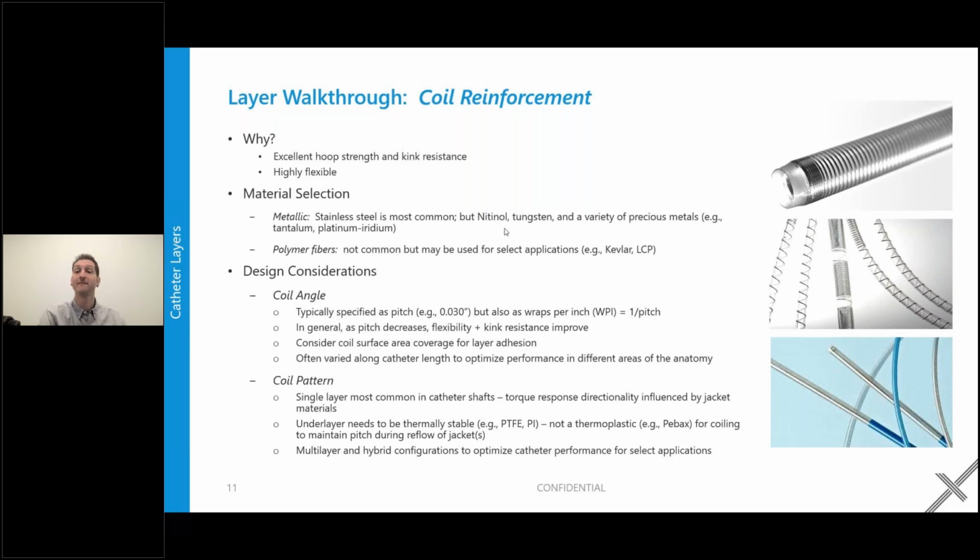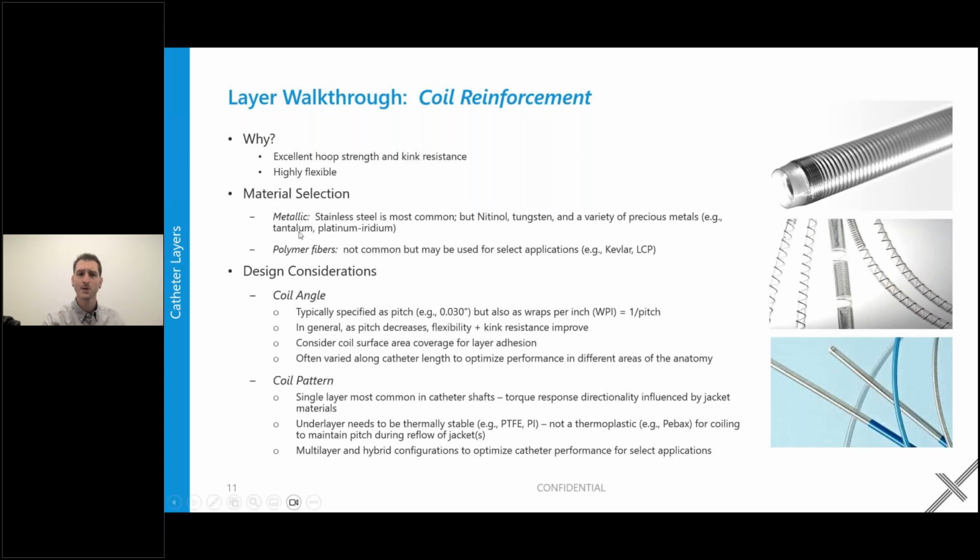And it's also very flexible. So braid is flexible and you can get it pretty flexible, but it's never going to be as flexible as a coil because you don't have those wires crisscrossing each other and constraining each other. They're really just there for support in the radial direction.